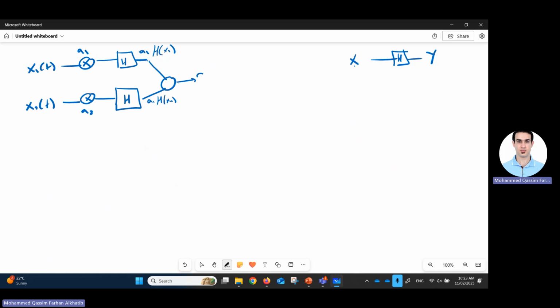And you do the addition, it's going to be a1 transformation of x1 plus a2 transformation of x2. All right, you do the addition. The other part is you have x1, add them together. You have x1 and you have x2.